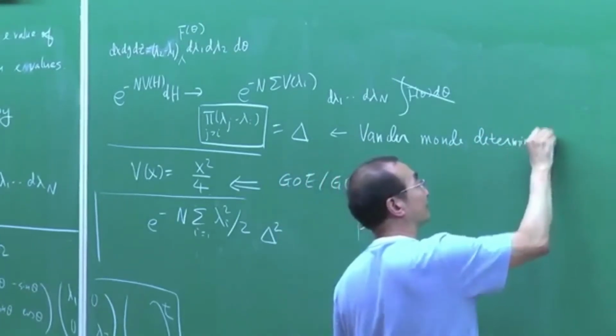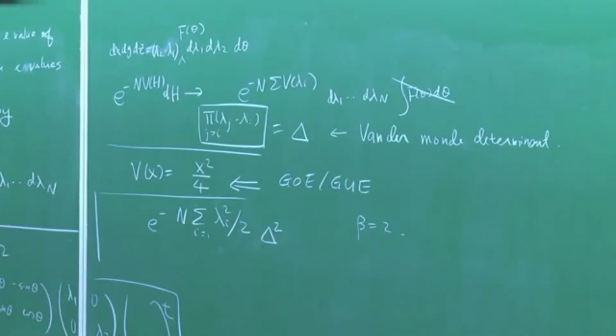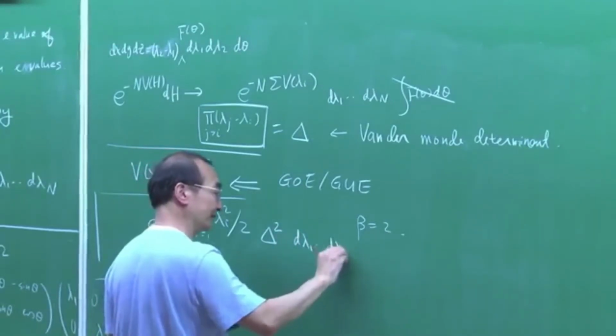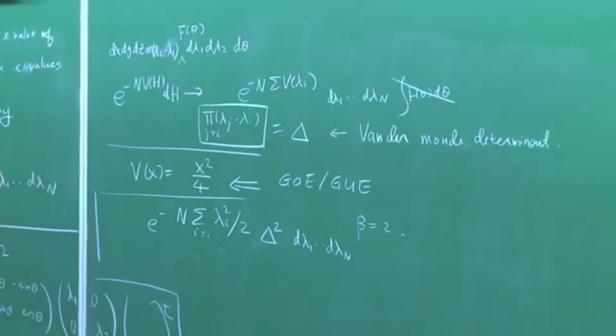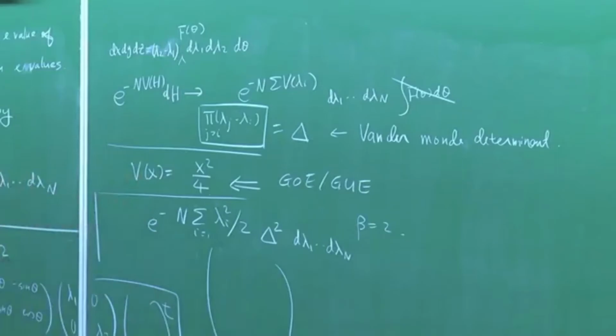The Vandermonde determinant has a very special property. So you want to study this measure. I remember that when I was in high school, I saw this determinant calculation. It's actually quite impressive.